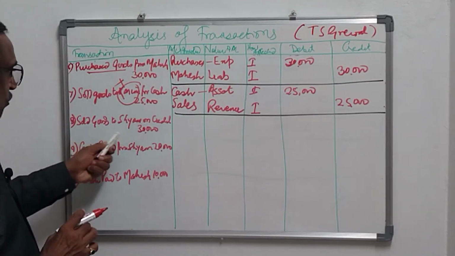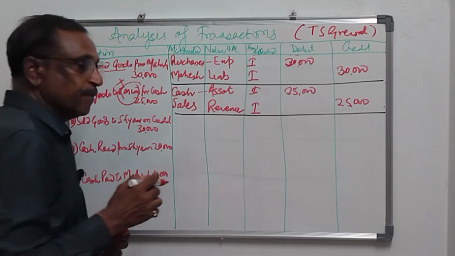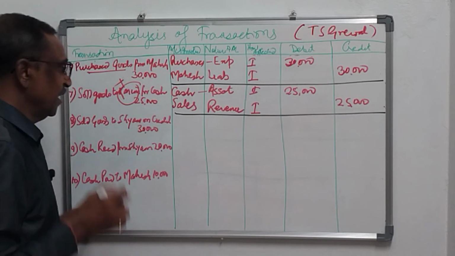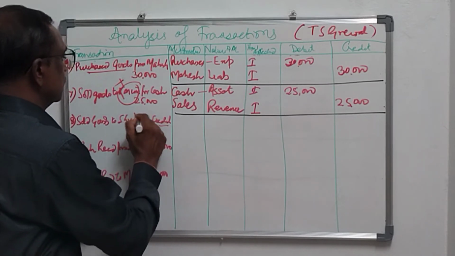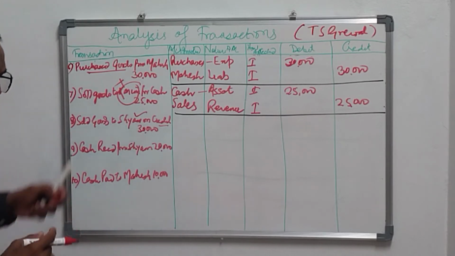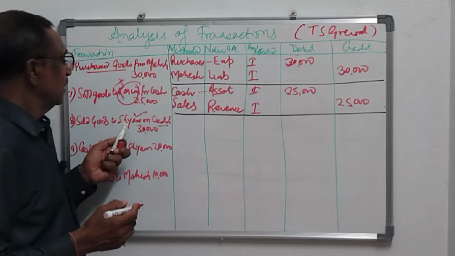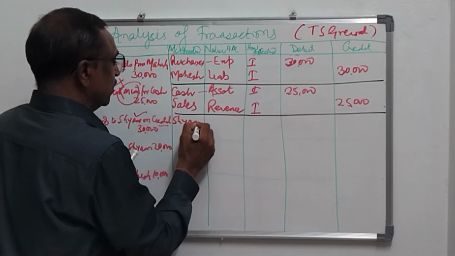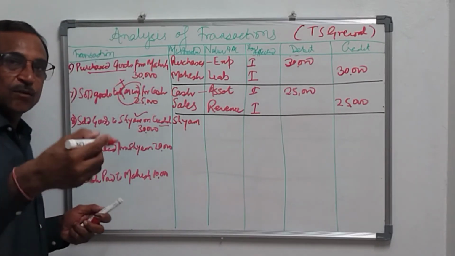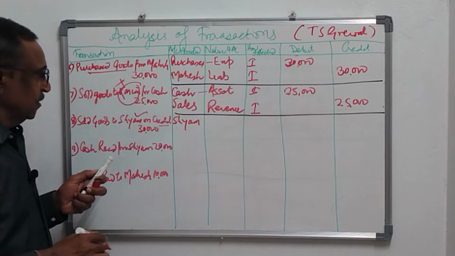It is sold goods to Shyam on credit 30,000. Here the name has got value. We have to consider the name because the goods are being sold on credit. So you are selling the goods, and the account involved are Shyam because the goods are being sold to him and he is not paying you cash.